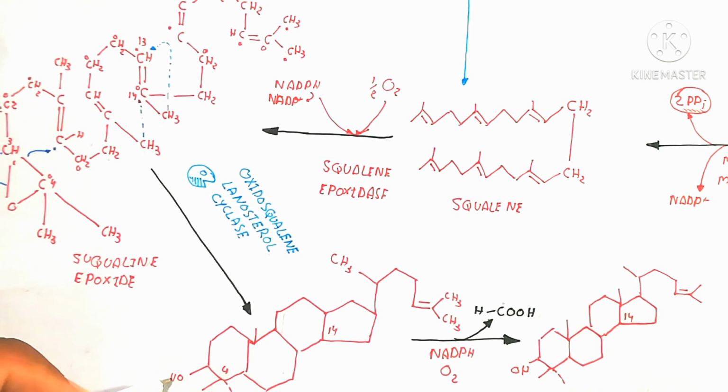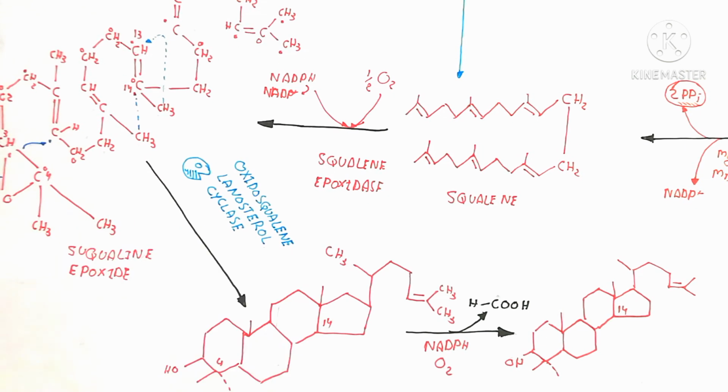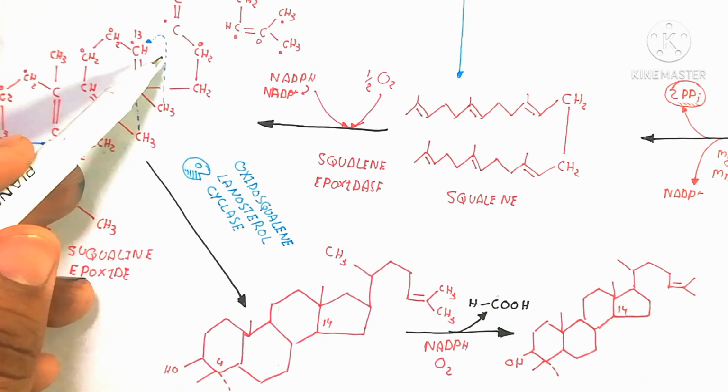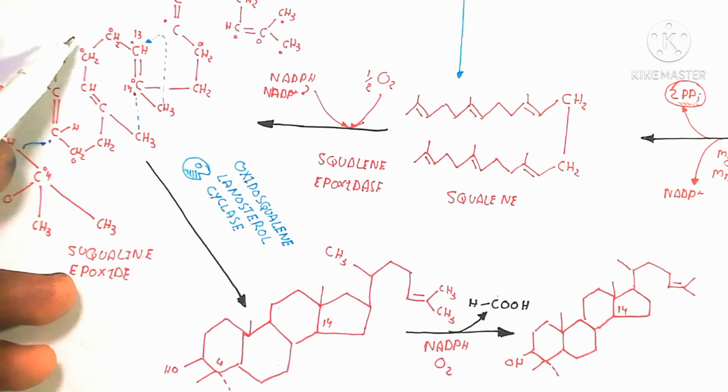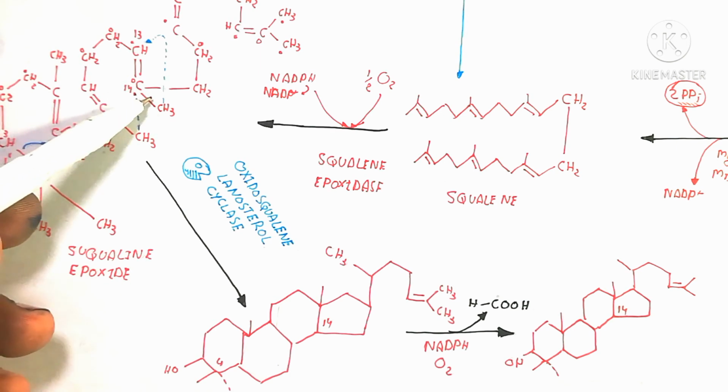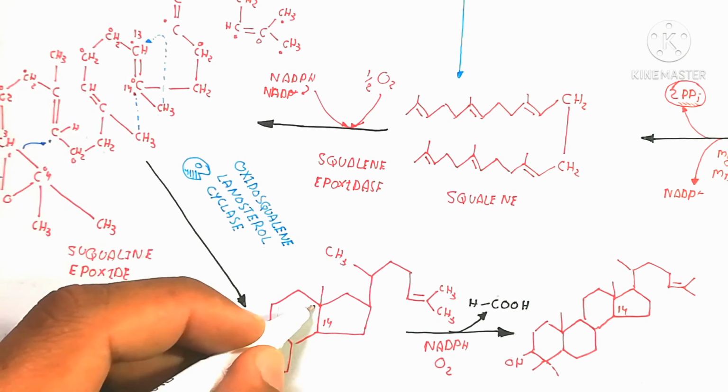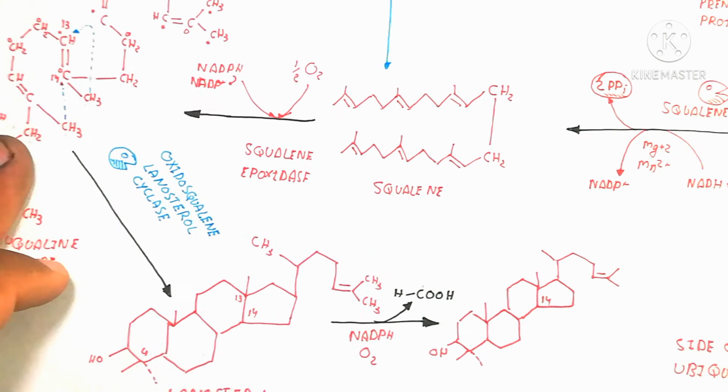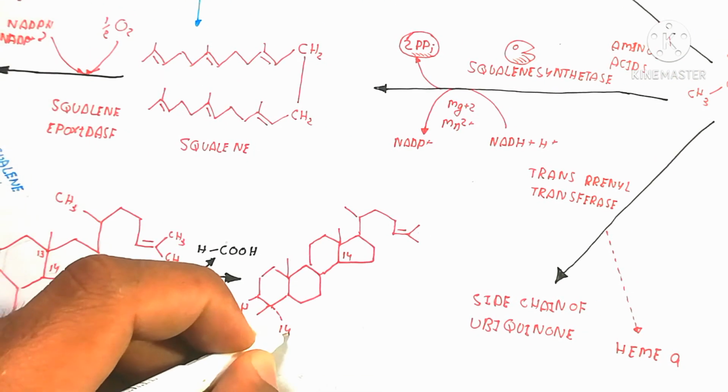demethyl lanosterol. So the 14-demethyl lanosterol is basically where carbon number 14 contains no methyl, it means no methyl group is attached.